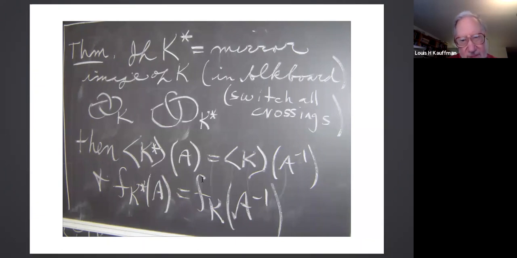The mirror image evaluated today is going to be the evaluation of the bracket at A inverse, and similarly for the F. So that's just like what happened with the Humphrey. You switch to A inverse and you get the evaluation for the mirror image, and we could prove that the trefoil and its mirror image are different by a bracket calculation, just as we did with the Humphrey.